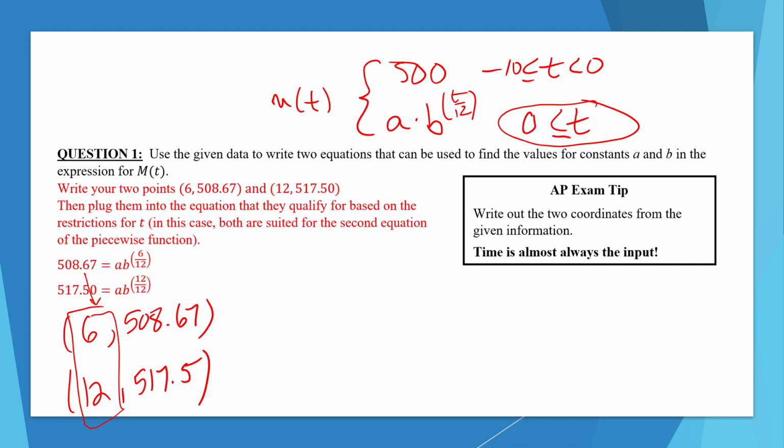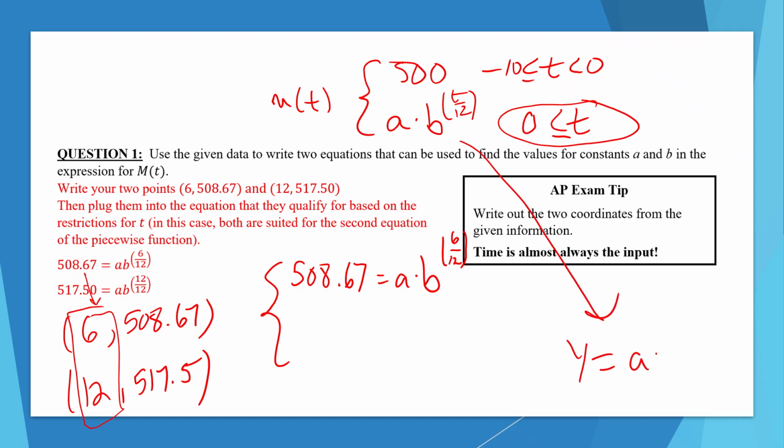Plugging this in, you should get 508.67 equals a times b to the power of 6, which is our t, over 12. And that is equation 1, because this is essentially the same as y equals a times b to the power of x over 12, and you're plugging in your x, y coordinates.